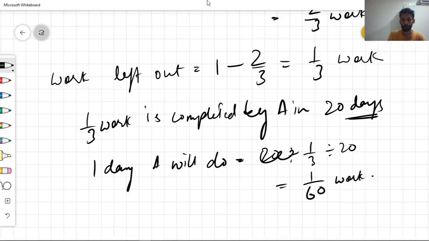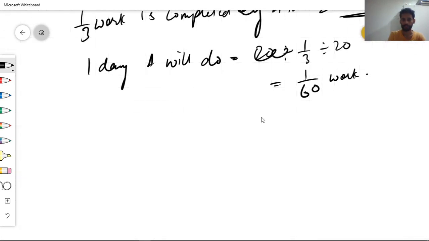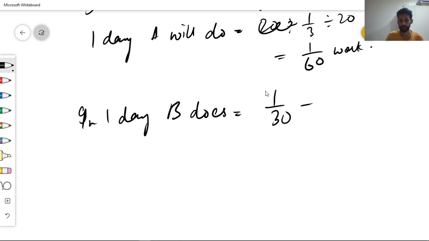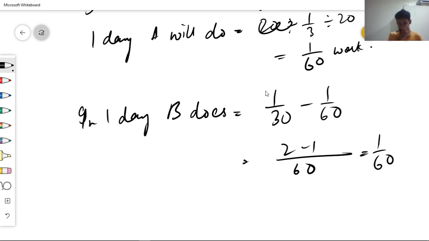Okay, so in 1 day A did this much, so in 1 day B does is 1 by 30 minus 1 by 60, so it will be 60, 2 minus 1, 1 by 60. So why am I doing this? There's no need to do here.